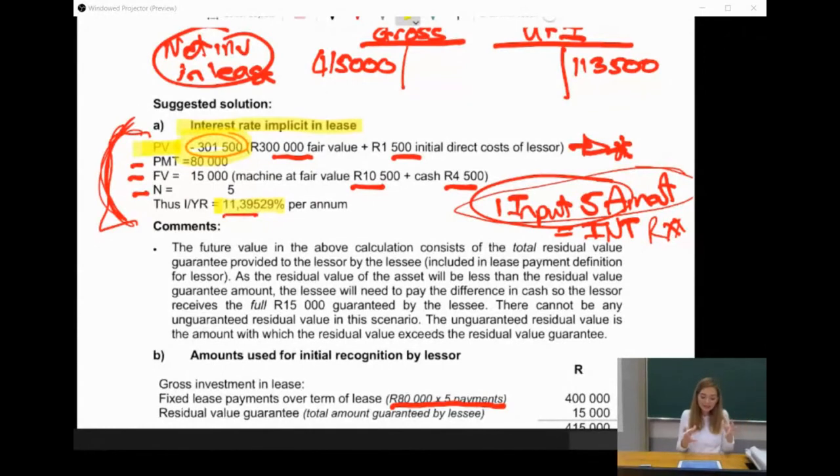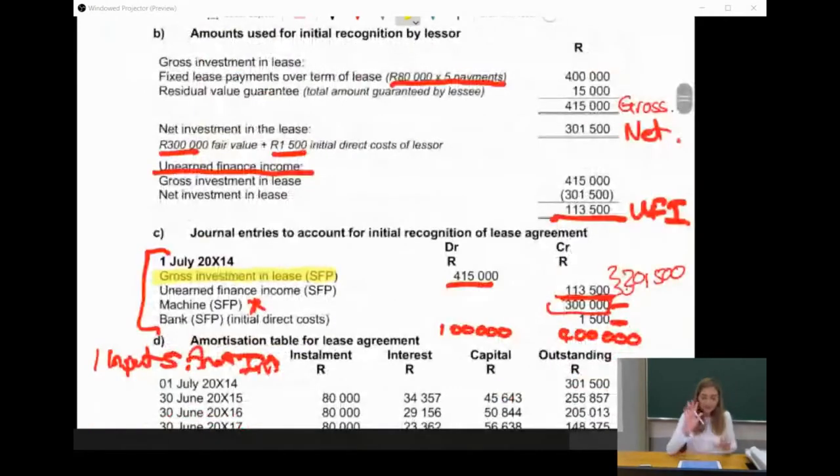It's the fair value of the asset plus the initial direct costs. But that's what we're giving up, and we're also receiving some cash. So that's how the deposit is going to affect these journals.